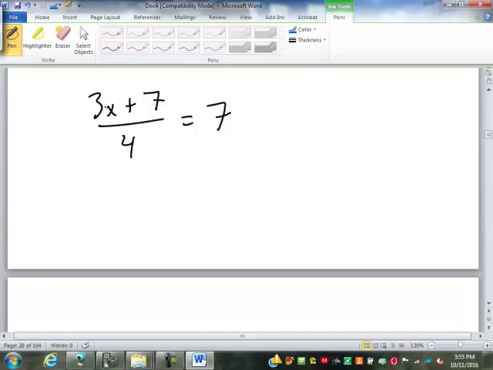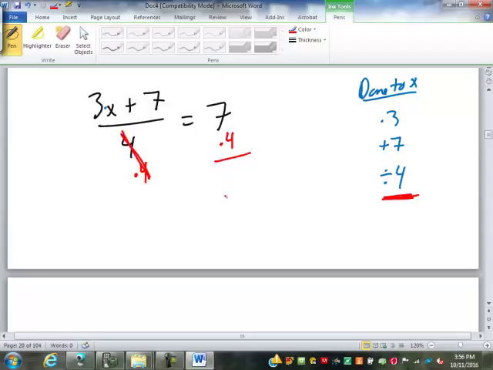So here, x has been multiplied by 3. 7's been added to it, because you have to do everything that's on top of that fraction bar first. Then the whole thing is divided by 4. So if I go to solve this, the first thing I have to get rid of is the last piece put on, dividing by 4. So I get rid of it by multiplying by 4. That's gone.